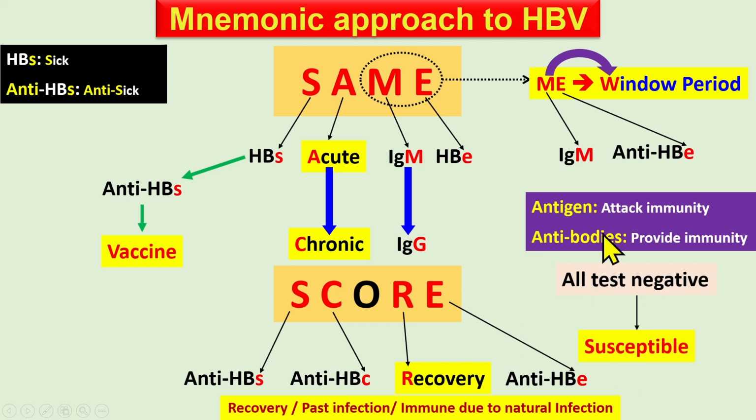Okay, so this is the mnemonic: the same for acute and IgG in the chronic phase. If anti-HBS, it means vaccine; for SCORE, recovery; and window means IgM and anti-HBE. So you can pick up a lot of MCQs through this mnemonic.